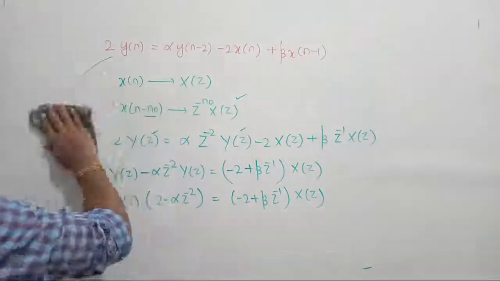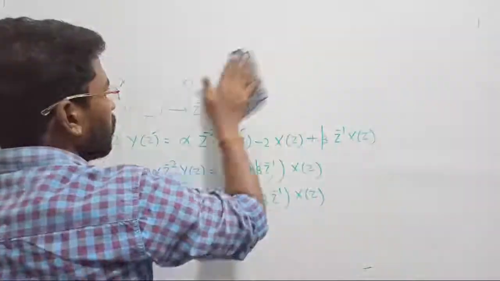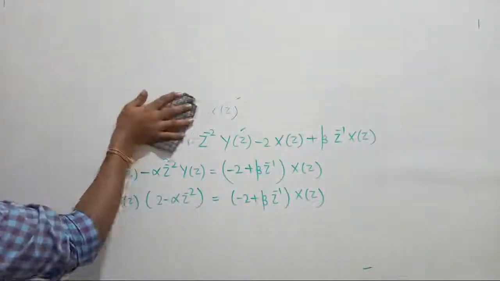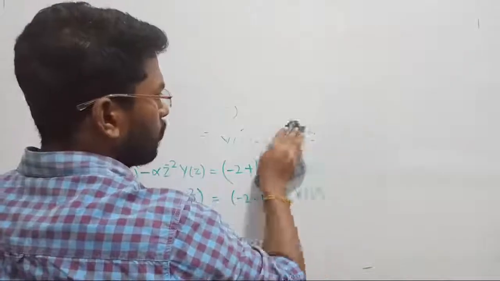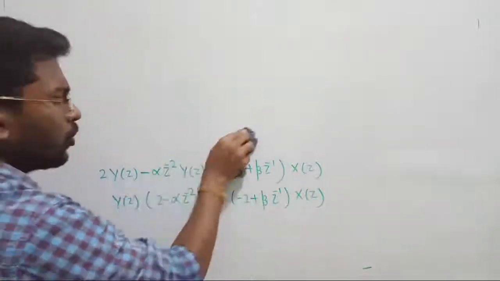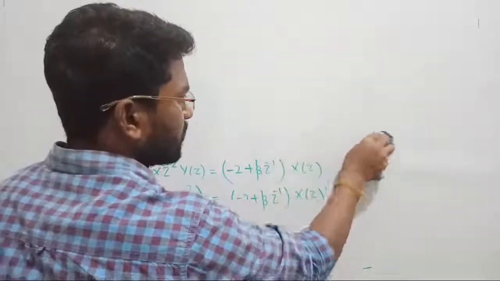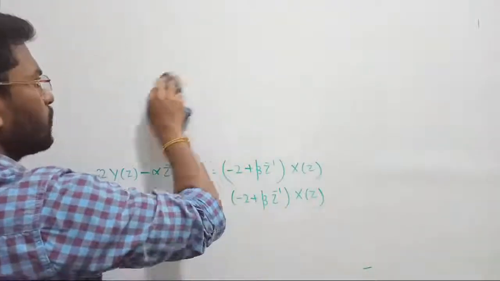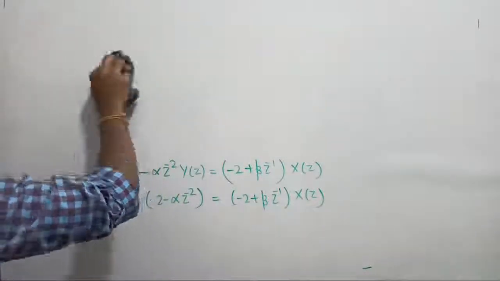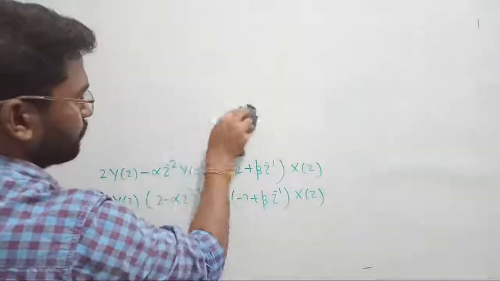From this we get the system, which is output divided by input. Y of z is the output of the function and x of z is the input of the function, right? Please wait a minute.